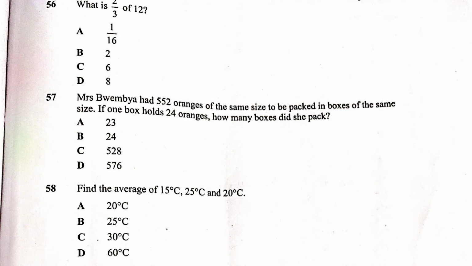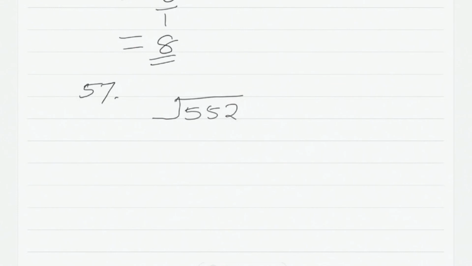She was given a discount of 5%. How much was her discount?